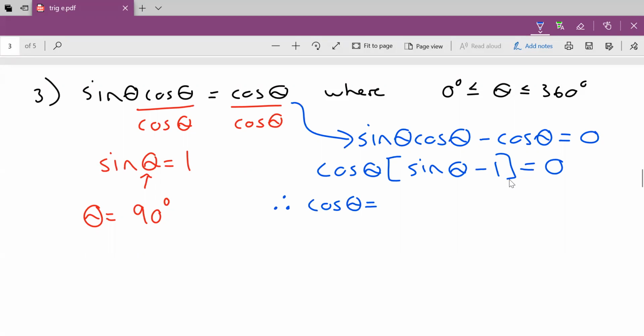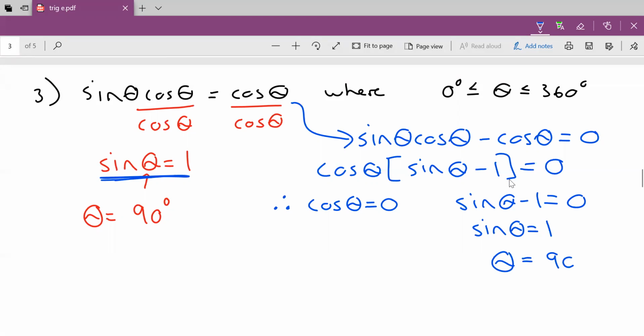Therefore, cos theta is equal to 0, or sine theta minus 1 is equal to 0. Well, sine theta minus 1, hey, that's sine theta is equal to 1. That's exactly what we had over here. So what angle gives us sine theta is 1? Well, we know that's at 90 degrees. But notice the difference here. Now we have another set of solutions. We've got more answers now.